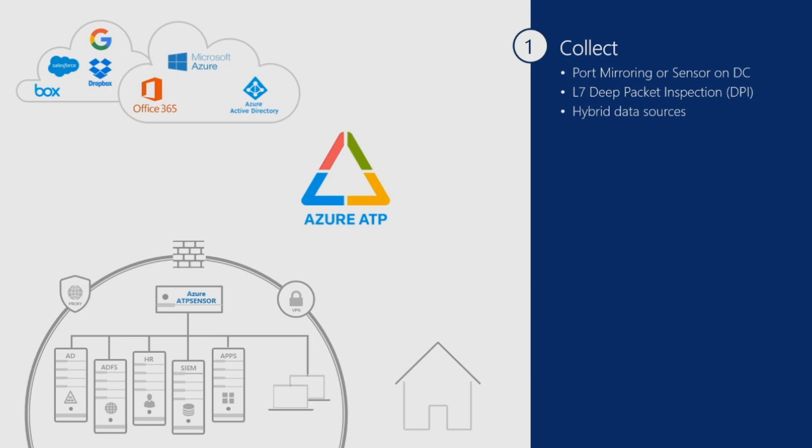So when we see a Kerberos authentication request, we actually know who is the user account that is authenticating, what are the encryption types, all the information that you're familiar with if you've looked at the Kerberos protocol using Wireshark or Netmon or similar solutions. So that's the first thing.